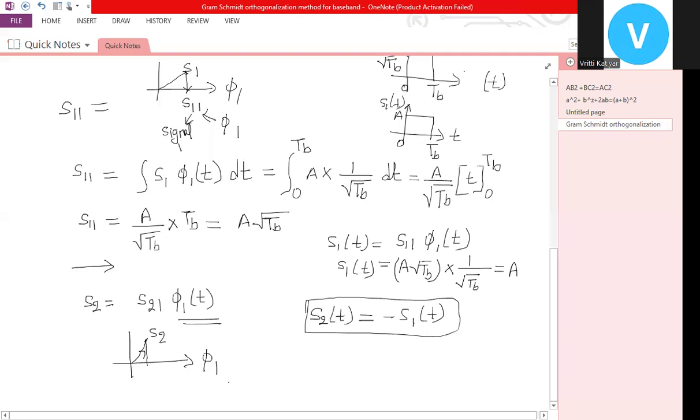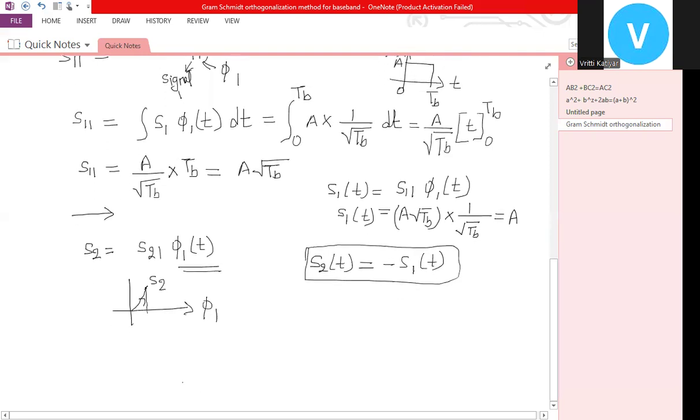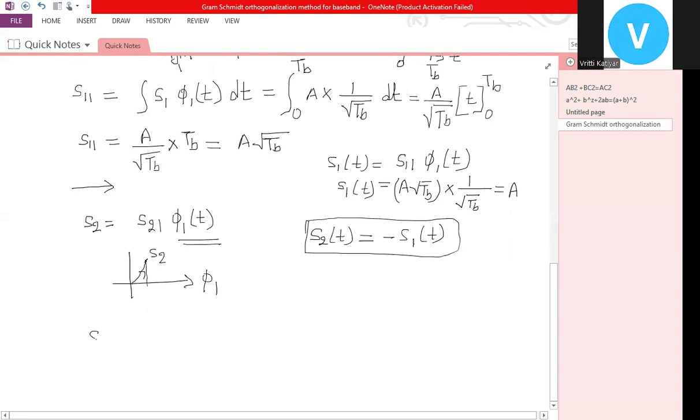So how this value will come, we will calculate based on the area covered between S2 and phi 1. The area of S2 is between 0 to Tb, and the magnitude of S2 is minus A, as we mentioned, representing the 0th bit, and phi 1 is represented as 1 by root of Tb between the interval 0 to Tb.